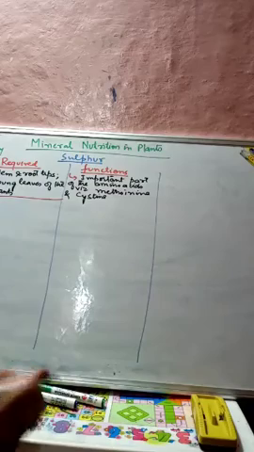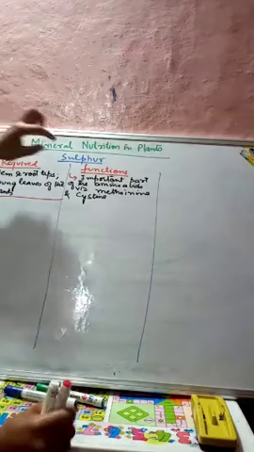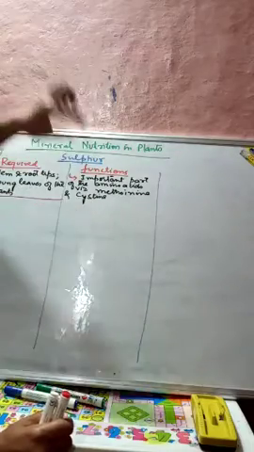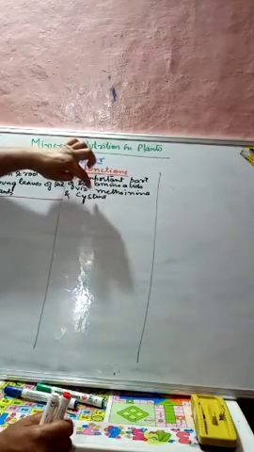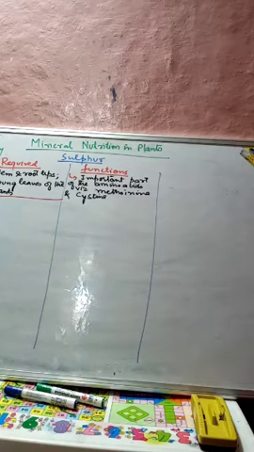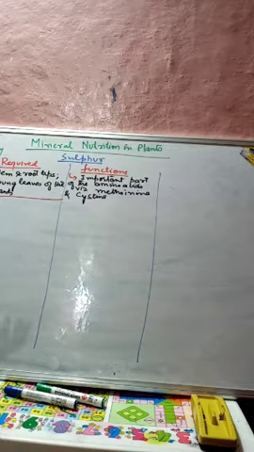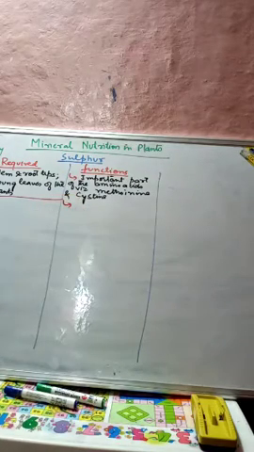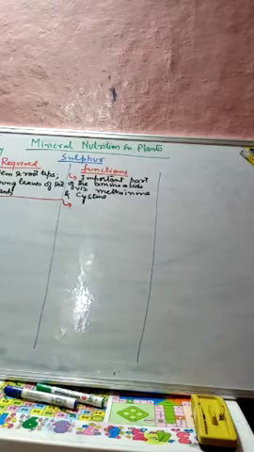So sulfur is an important part of two important amino acids, that is methionine and cysteine. Now we will see sulfur containing amino acids.